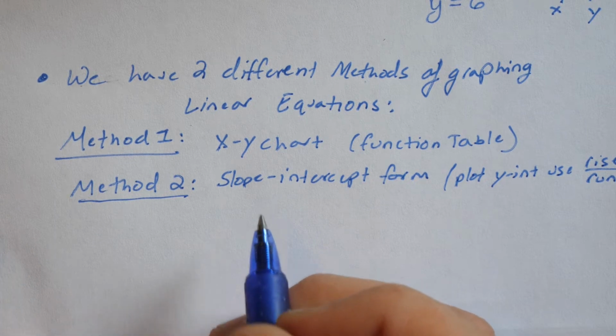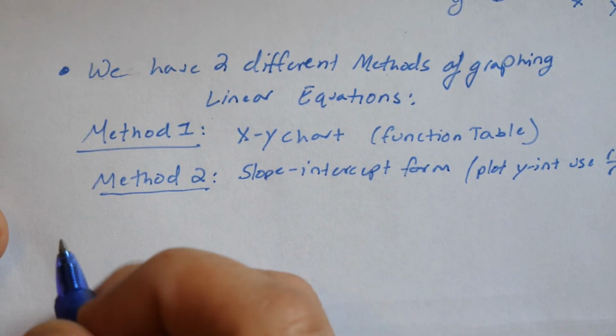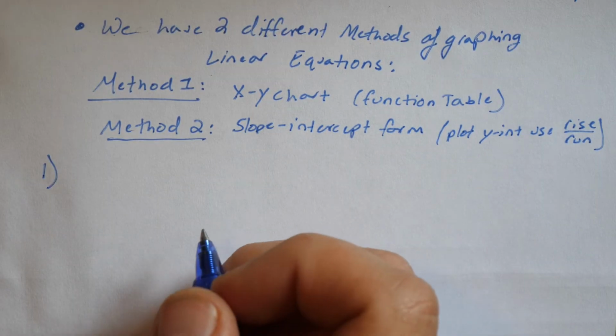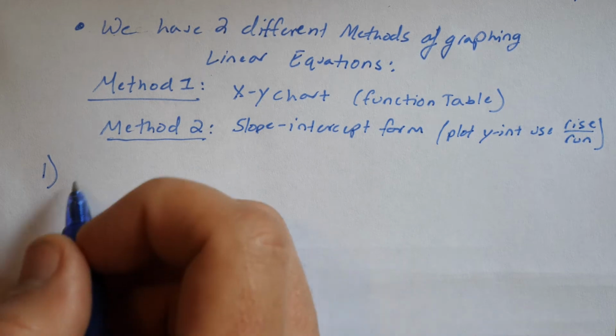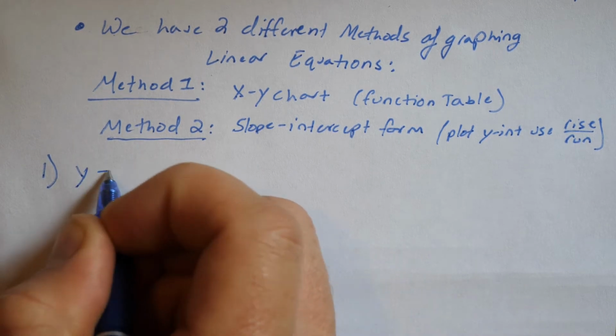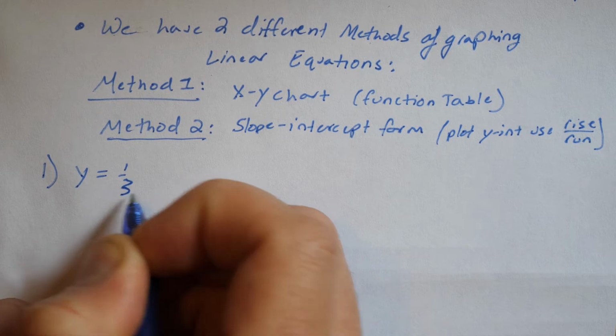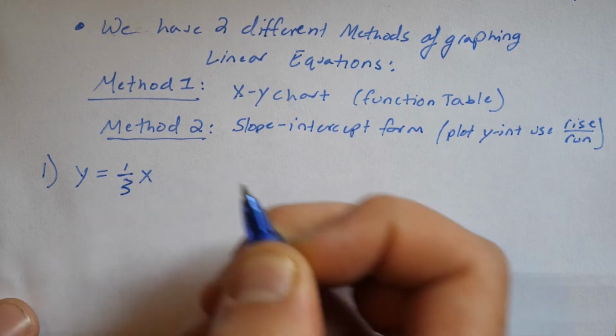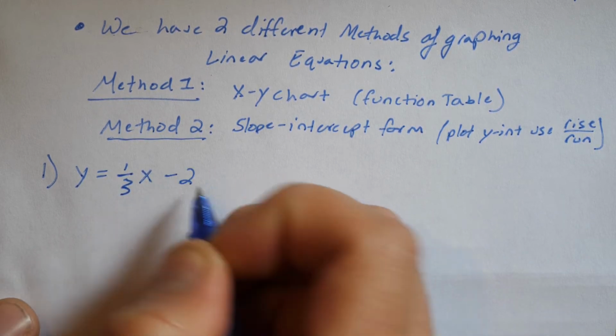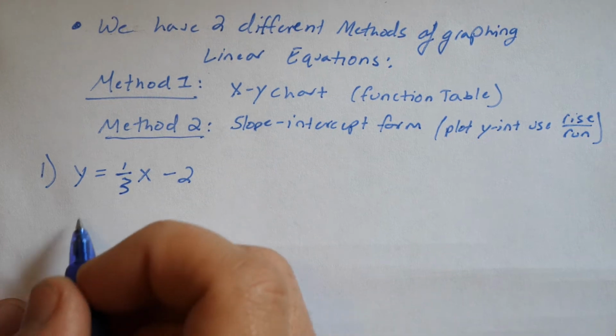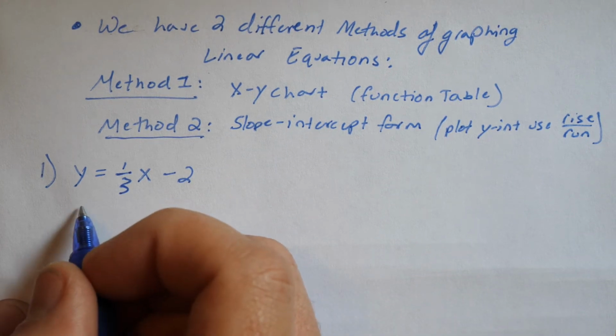So let's look at problem 1 on our homework. Okay? So problem 1 says y equals 1/3 x minus 2. Now the first way, let's use method 1.